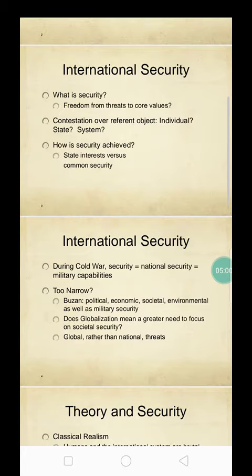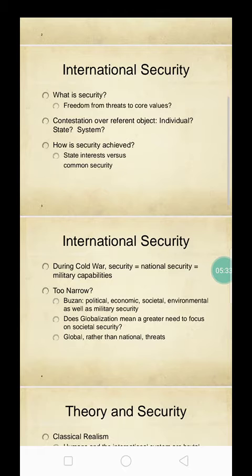Next is societal security. It involves things such as the threat of a shared language dying out, cultural traditions, identity, and value systems. Next is environmental security. It may involve natural disasters, health issues such as the spread of disease, and ecological issues such as climate change as security threats.